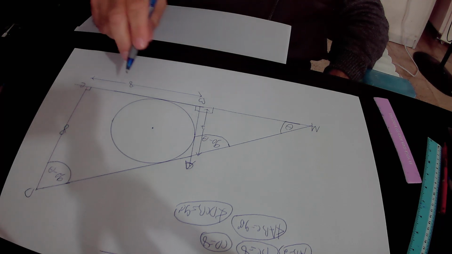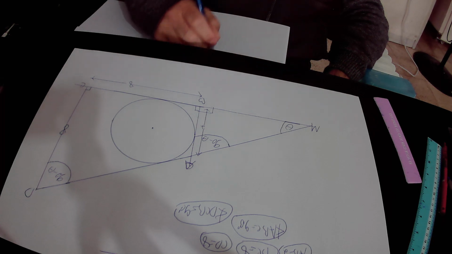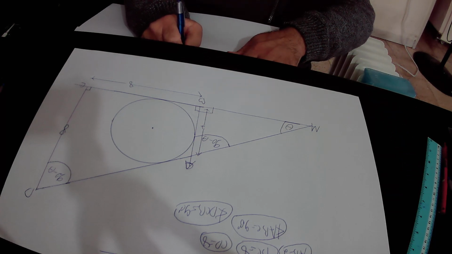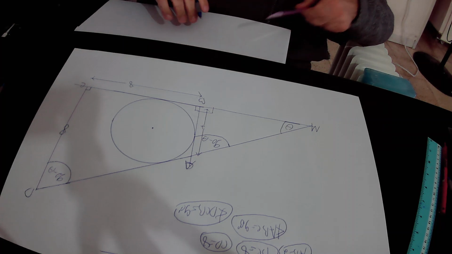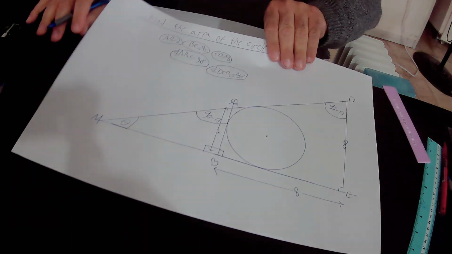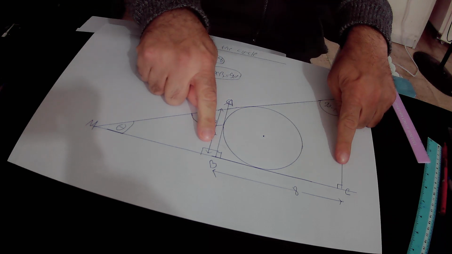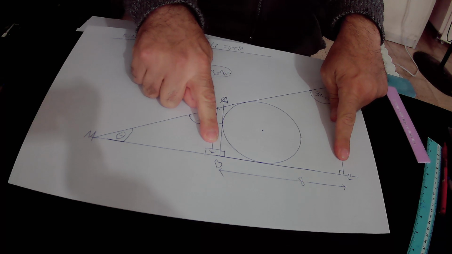Triangle MDC, the big right triangle, is similar to the small right triangle MAB. So why are those two right triangles similar to each other? First of all, those two angles are both equal to 90 degrees, therefore they are equal to each other.